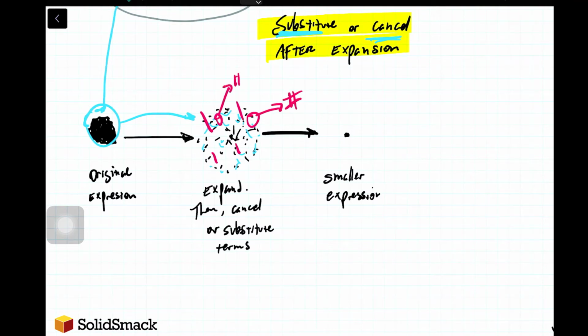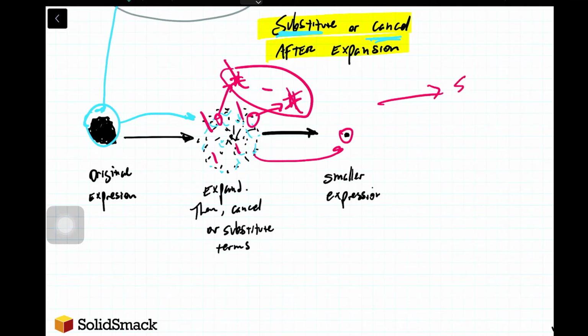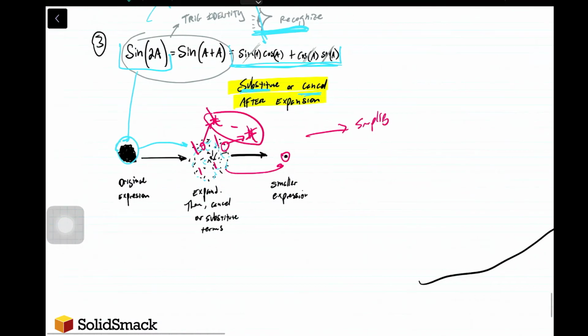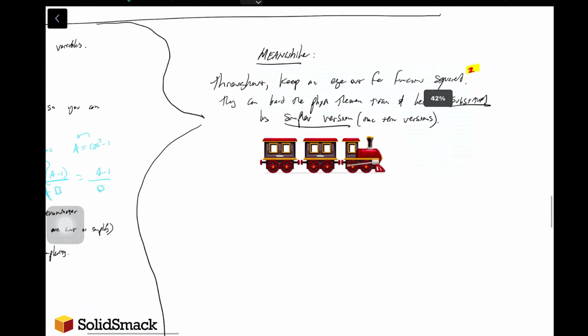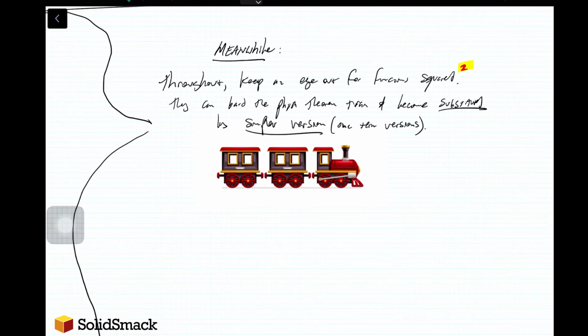And then if another term has a numeric value, then maybe these two can cancel out because they may be the same term, just a different sign in front of them. And when you can cancel them out, you'll end up with a smaller expression at the end. And we're always trying to simplify here in trig. That's the name of the game. You want to simplify.